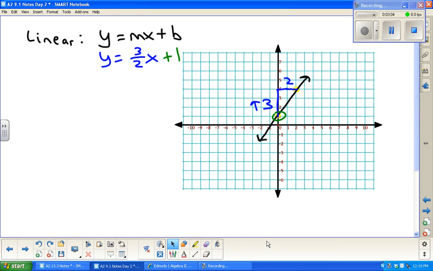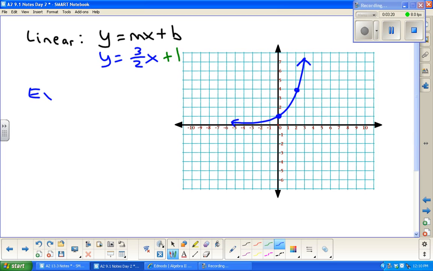Let's say, though, now that it's exponential, and see how that differs. So let's say the same 2 points, (0, 1) and (2, 4), and if it's exponential, I know that it's going to be growing faster as we go. For an exponential model, notice there's not the same slope throughout.